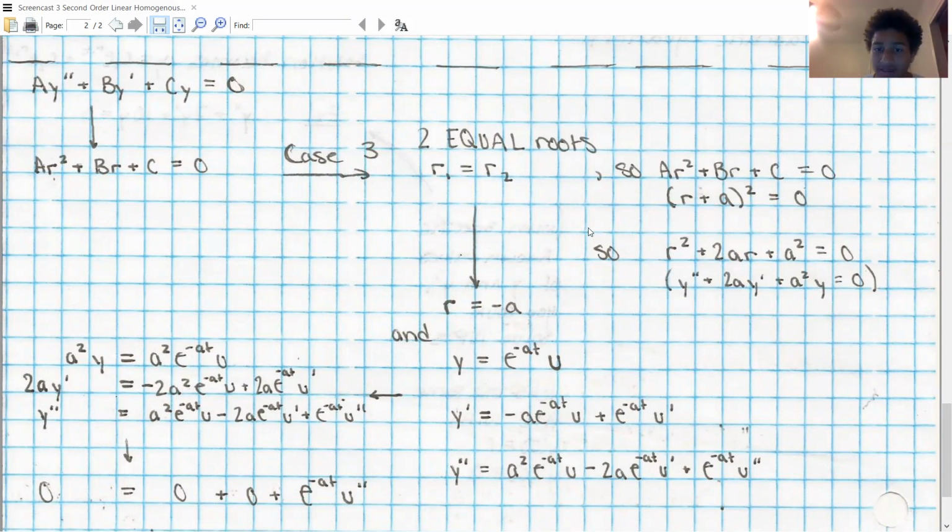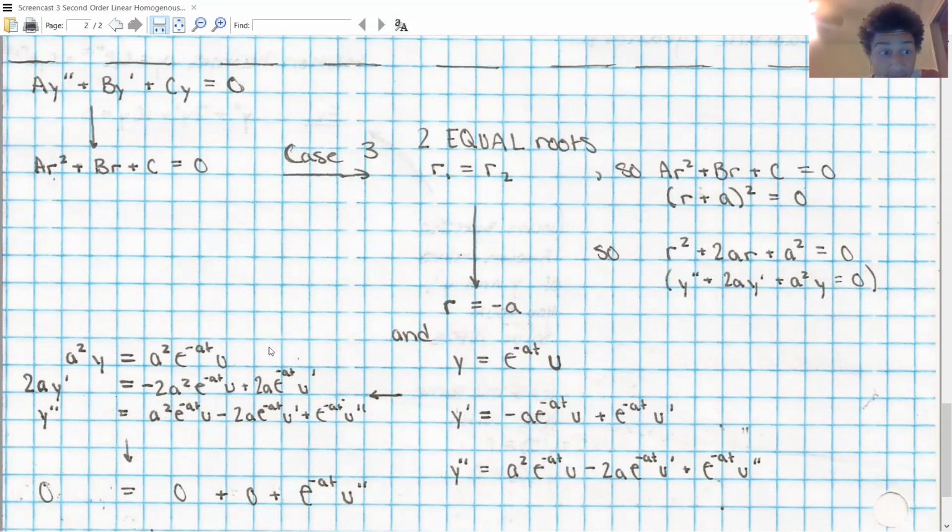Okay, so we can already see r is equal to negative a for this equation, and we will use y is equal to e to the negative at, like this is r, and then we'll have u, which is a function of t. So this is going to be kind of like a substitution. Okay, so we'll have y prime, and then we'll have y double prime.